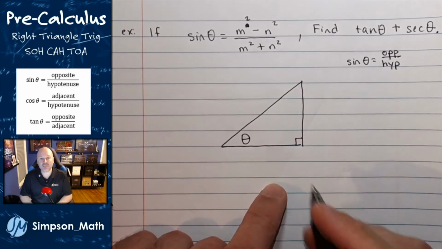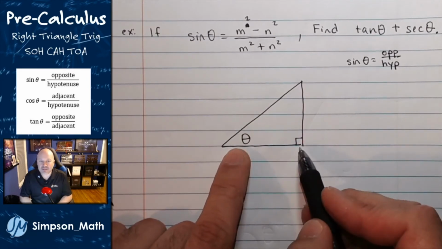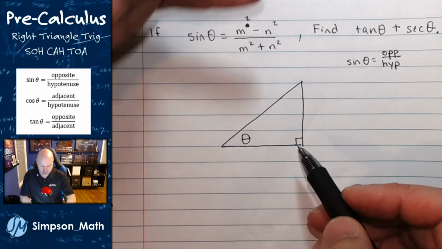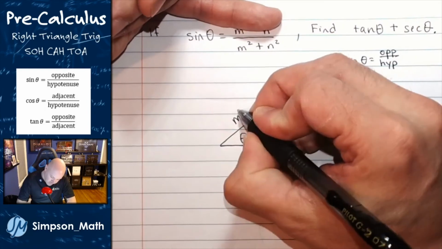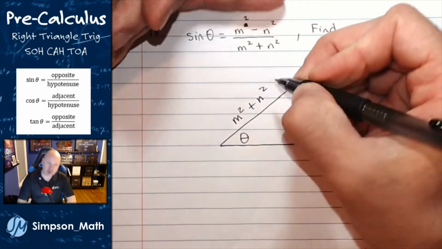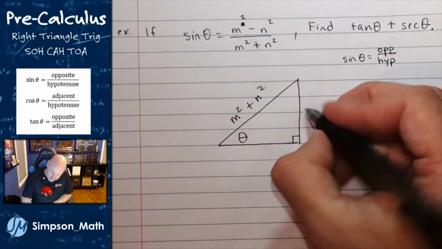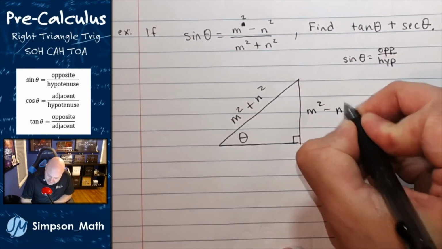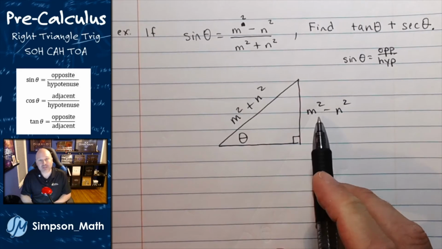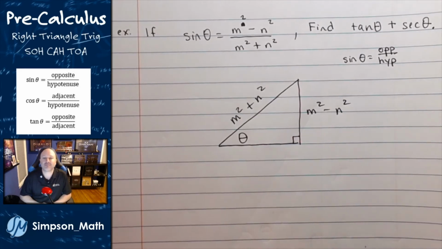I can label my triangle. I know that my hypotenuse is sitting across from the right angle, so that m squared plus n squared better be the hypotenuse. And then the difference, m squared minus n squared, has got to be opposite that reference angle.